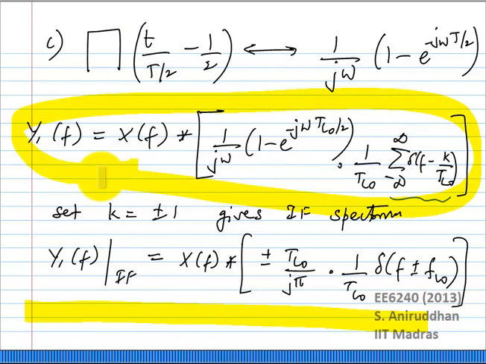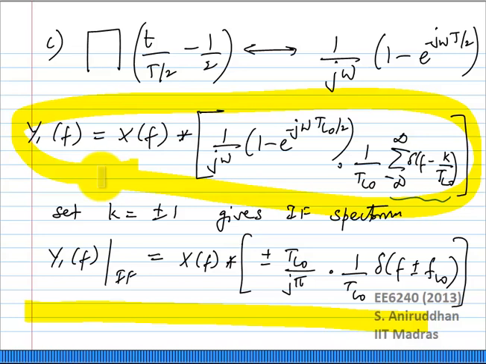To find out the output IF voltage, we set k equal to plus or minus 1, because that will give you f plus or minus FLO, which shows what the translated voltage is from the input to the output. So k equal to plus or minus 1 translates the RF frequency to the IF frequency by subtracting or adding FLO. If you are interested in finding the input current at the frequency of interest at the input, you have to set k equal to 0.